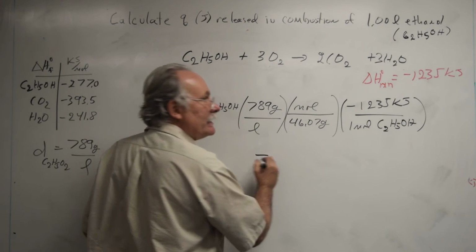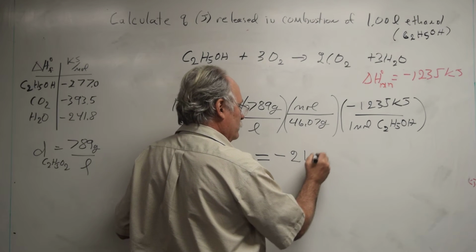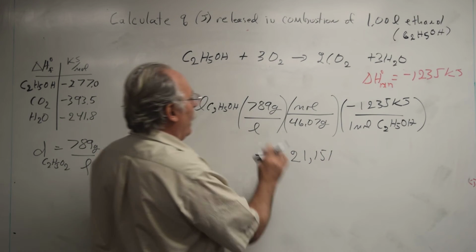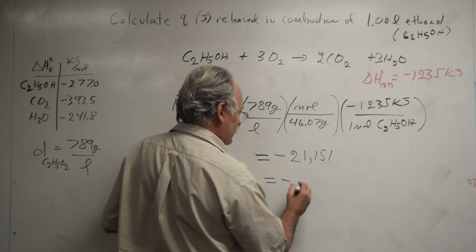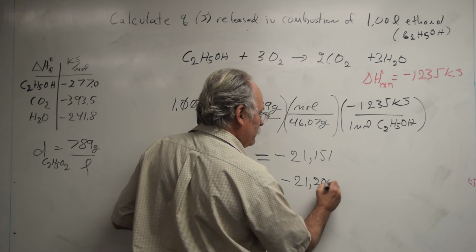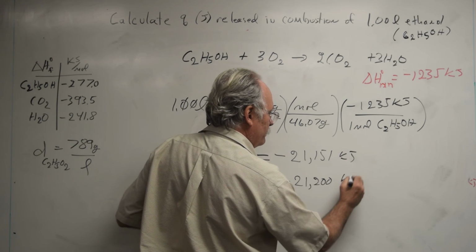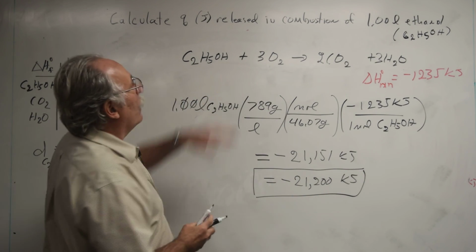And now I get out my calculator, and this is a large number, it's a minus 21151. This number has 3 sig figs, so the final answer is minus 21,200 kilojoules. Okay, so there's a lot of energy in ethanol, which is a fuel.